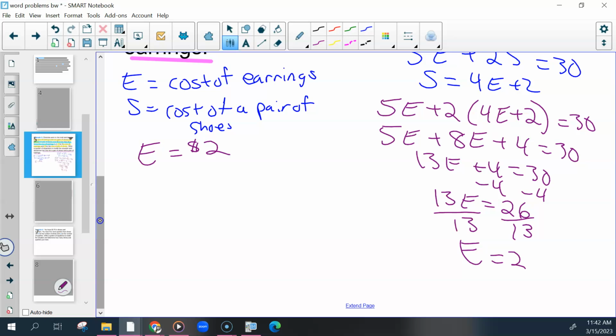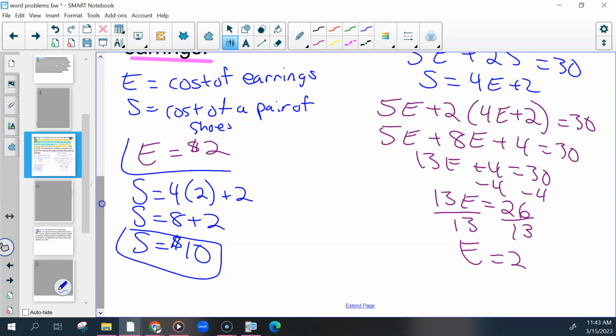Take that value, put it back in, find S. Questions on this? On to the next example.